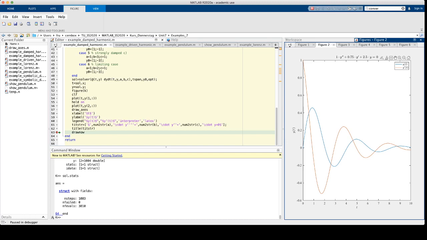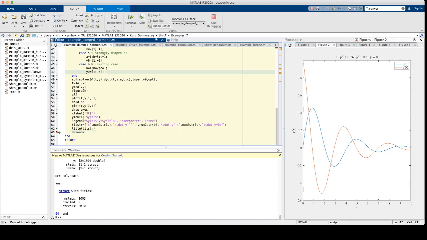So this is a damped oscillation, weakly damped, so it oscillates, but the amplitude decays exponentially.